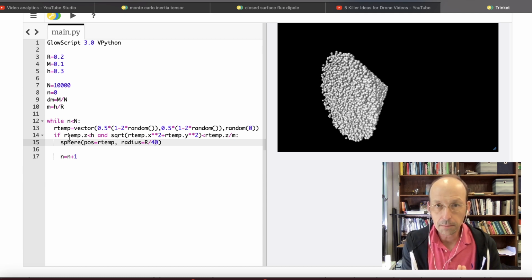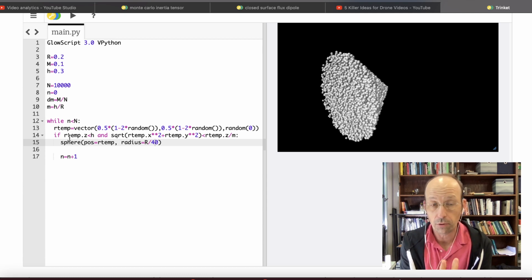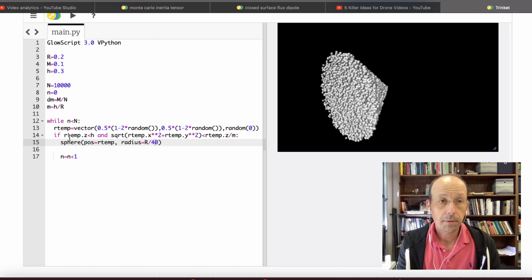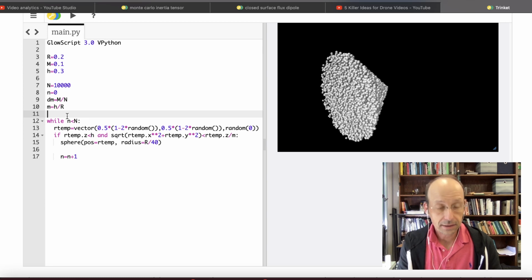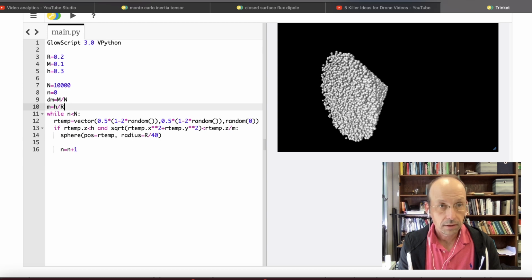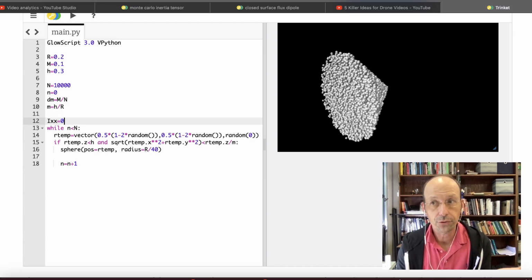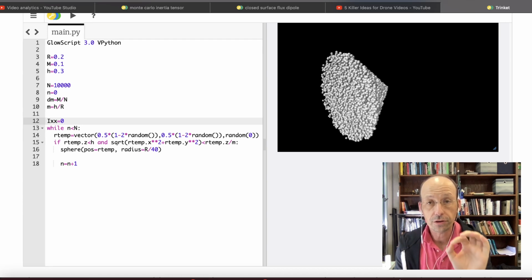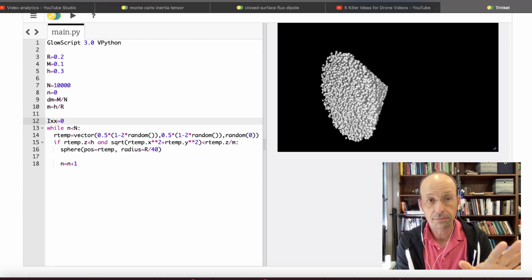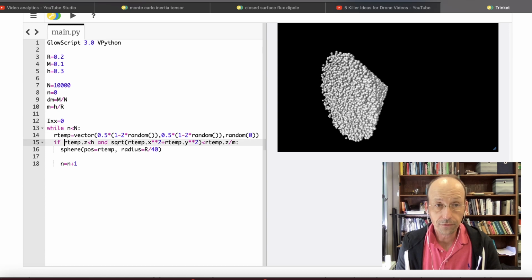Okay, so now let's calculate IXX. So I've plotted my points. I don't even have to plot them anymore, but I'm going to leave that on for right now. So let's say IXX equals 0. So this is my counter, right? I'm going to find the moment of inertia of each sphere and add it to this thing, but I'm only going to do it if I'm making a sphere.